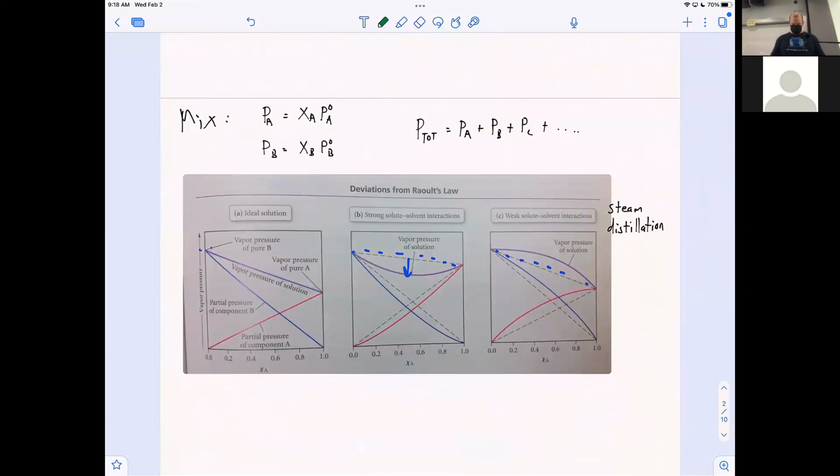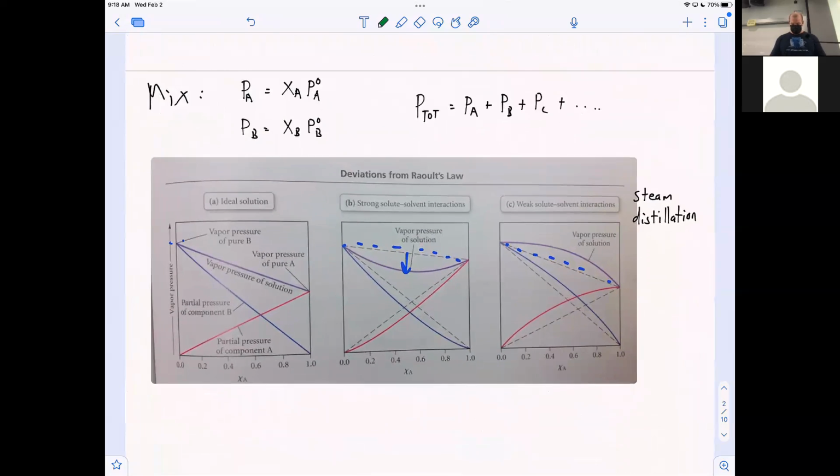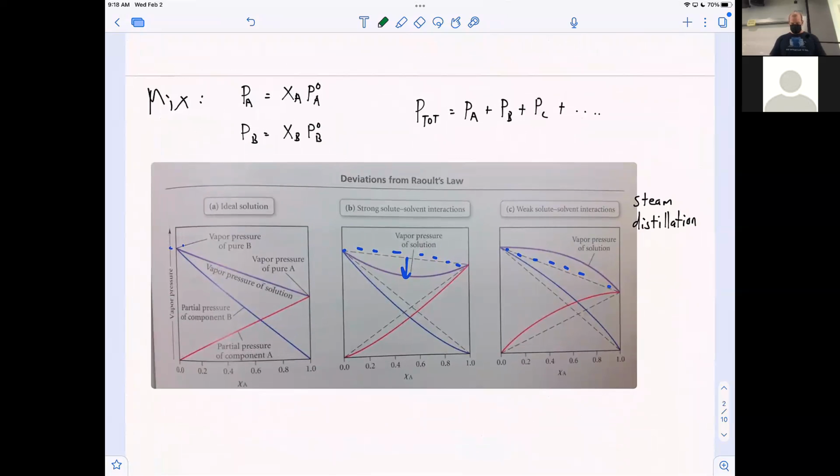Okay, so let's talk a little bit more about Raoult's law. When you have mixtures, so if you have two solvents, say something like alcohol and water, the pressure of the solution is the mole fraction of 1 times the original vapor pressure of 1, plus the mole fraction of the other one times its normal vapor pressure.